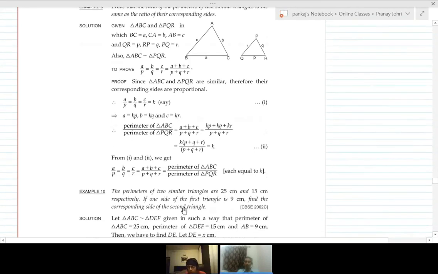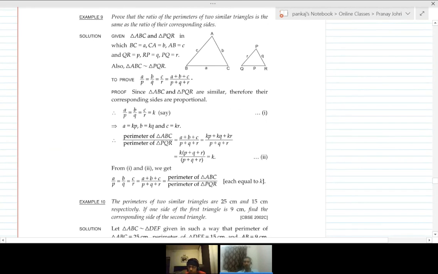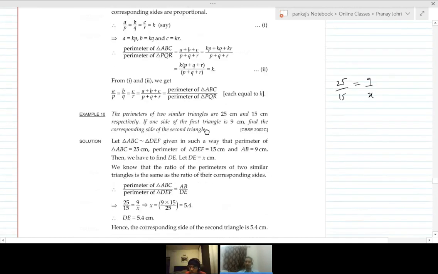If the perimeters of two similar triangles are 25 and 15 centimeters respectively, if one side of the first triangle is 9 centimeters, find the corresponding side of the second triangle. Now, obviously, we'll be proving this. So the ratio of perimeter should be equal to the side ratio, isn't it? So this is the answer for this.